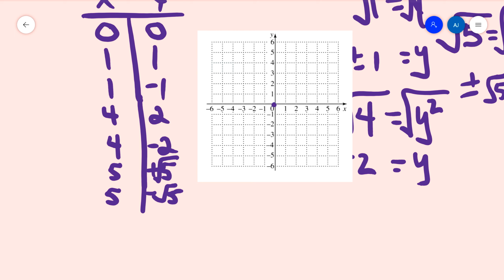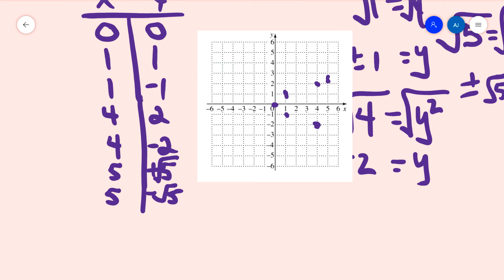So I got 0, 0, which is here, 1, 1, 1, negative 1, 4, 2, and 4, negative 2. And then 5, square root of 5, which would be a little over 2, maybe here.